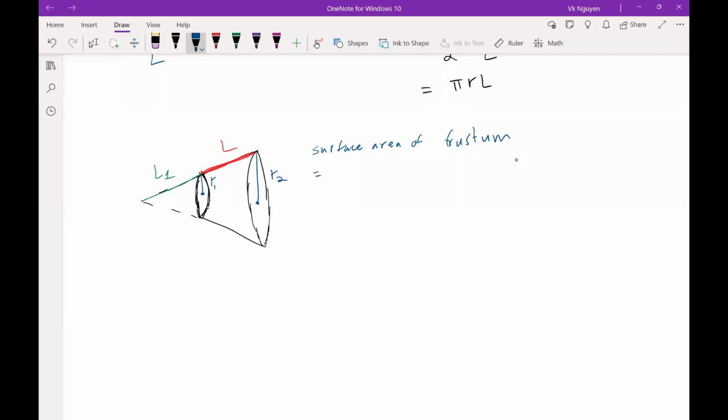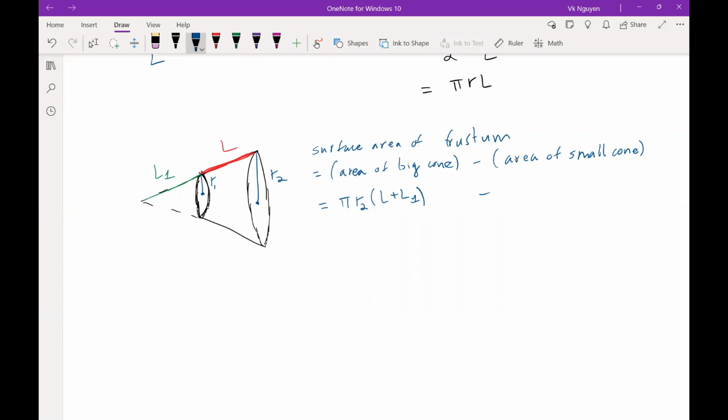It is the surface area of the bigger cone minus the surface area of the smaller cone. I'm going to write it: area of big cone minus area of small cone. The area of the big cone, we use the formula, would be pi times radius r sub 2 and the side length is L plus L1.